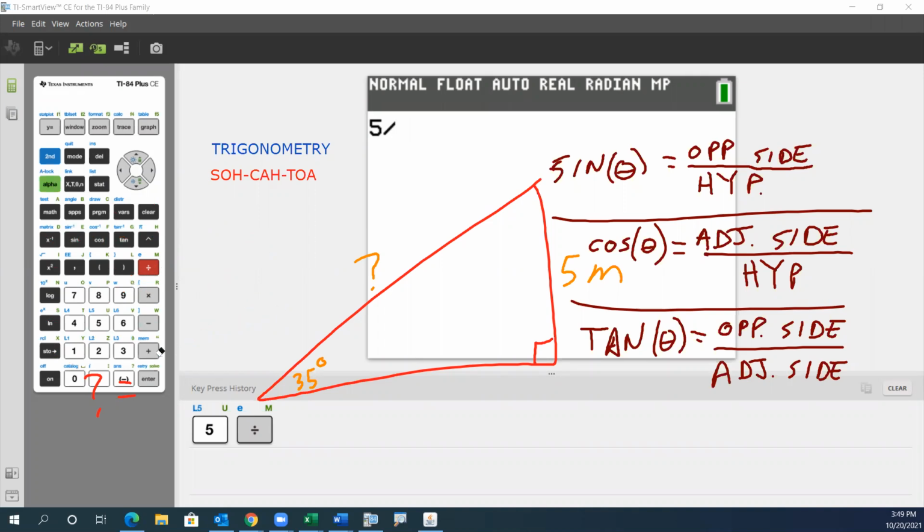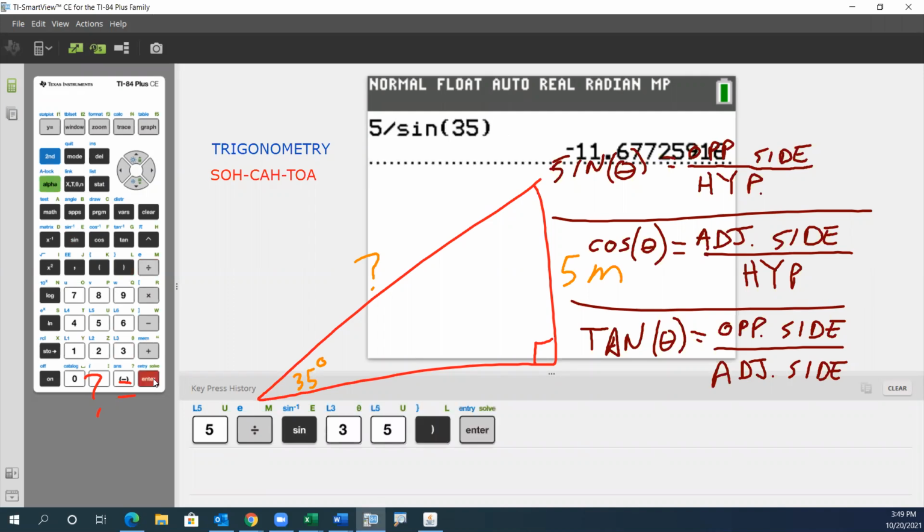Get rid of that too. All right. So you'll notice that we have sine, cosine, and tangent right there. So I'll say sine of 35 degrees. And that gives us negative 11.7 for our answer. But we were looking for the length of a side. That shouldn't be negative. That's weird.